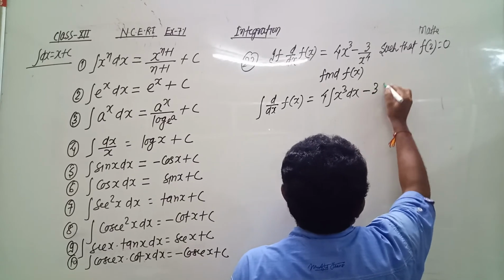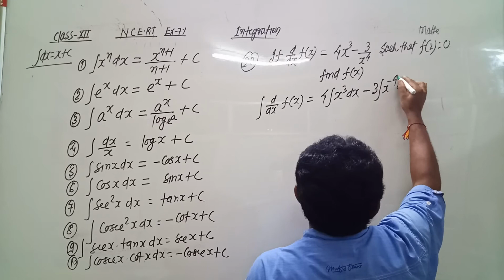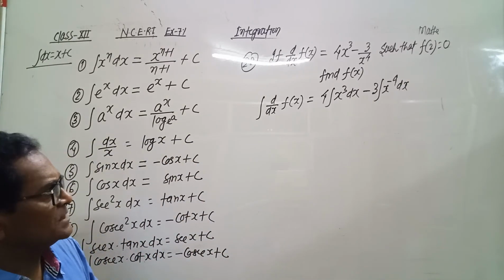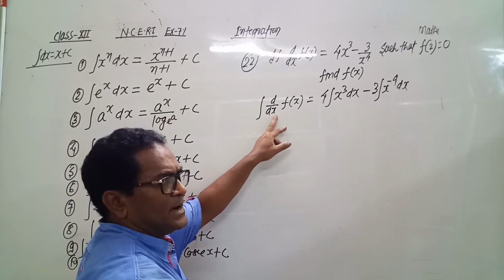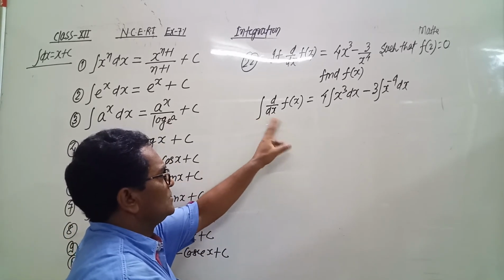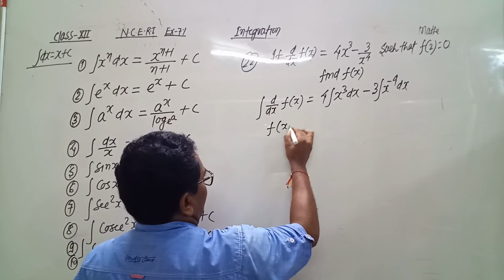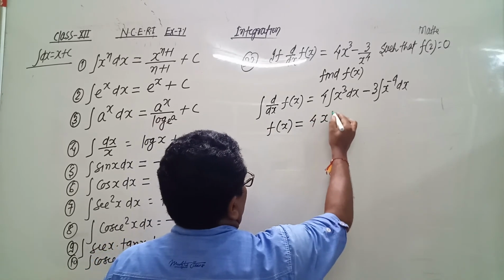Minus 3 into integration x raised to the power minus 4 dx. So integration and derivatives are anti to each other, so both get cancelled and it remains f of x equals 4 integration of x cube.